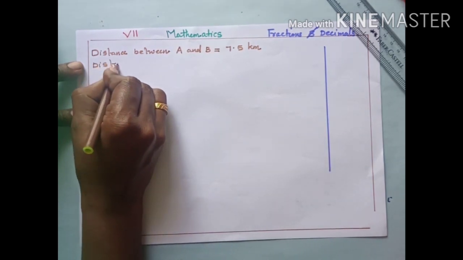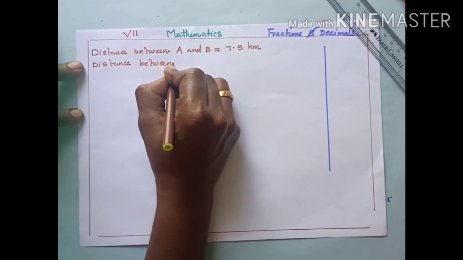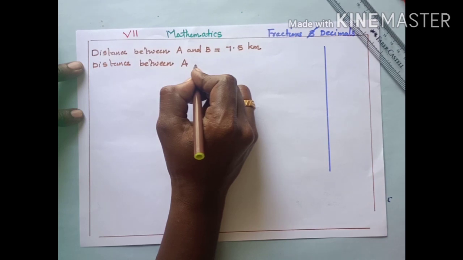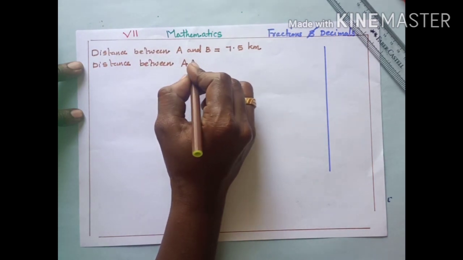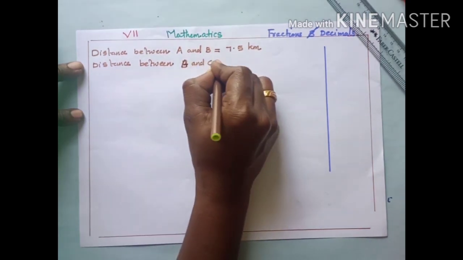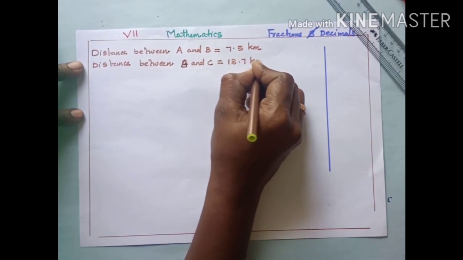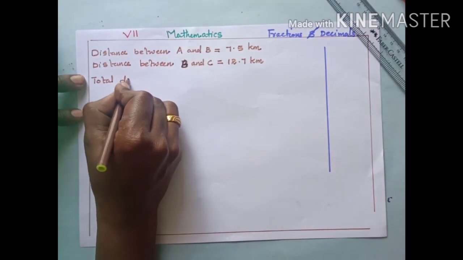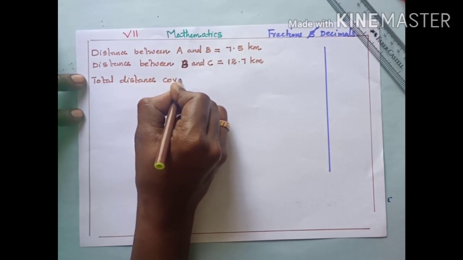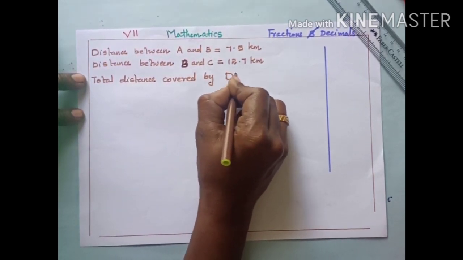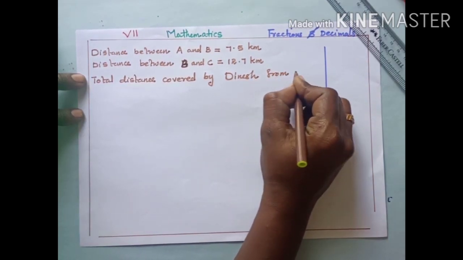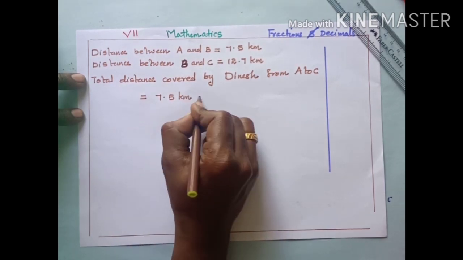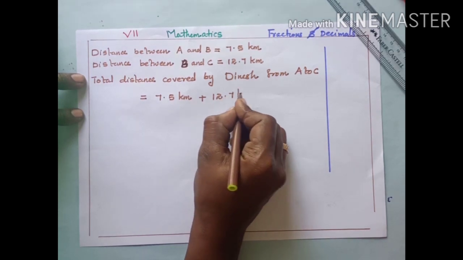And B is 12.7 kilometers from C. So the distance between B and C equals 12.7 kilometers. So the total distance covered by Dinesh from A to C equals A to B 7.5 kilometers plus B to C 12.7 kilometers.